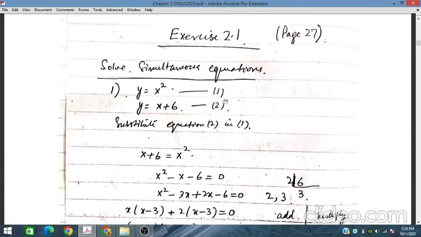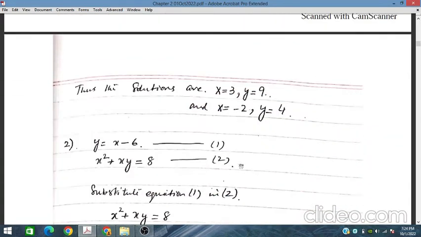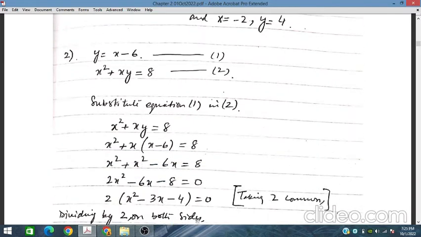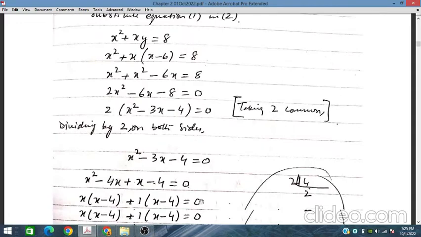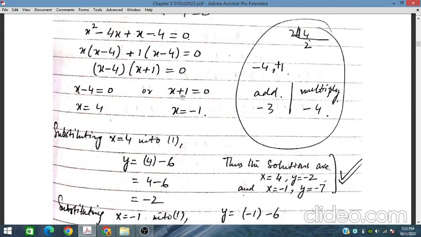In this exercise 1, we get this, and by equating this we have got these factors, and by these factors we have obtained the solution like this. But from equation 2, equation 1 can be placed here in place of y, and we have obtained this kind of values for x, and by substituting the values plus 4 and minus 1, y can be obtained.